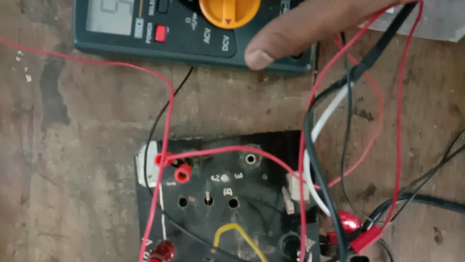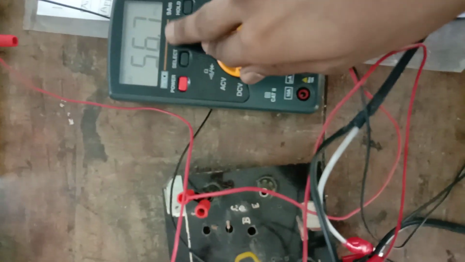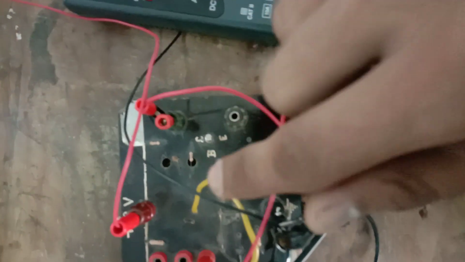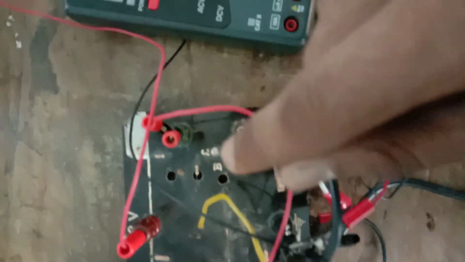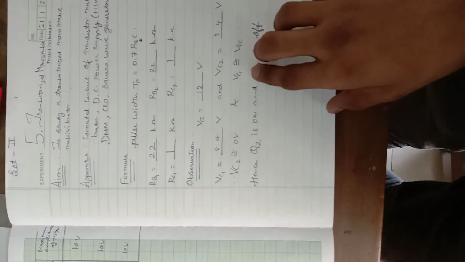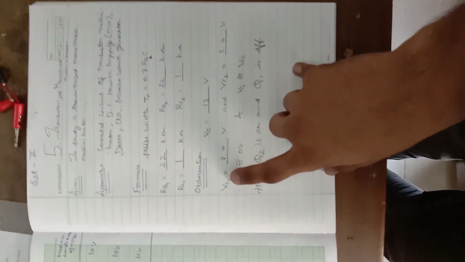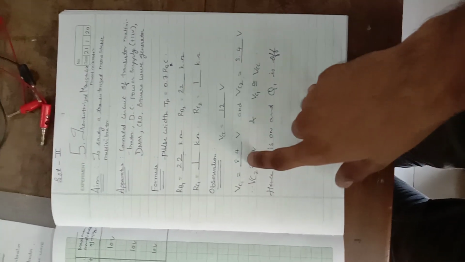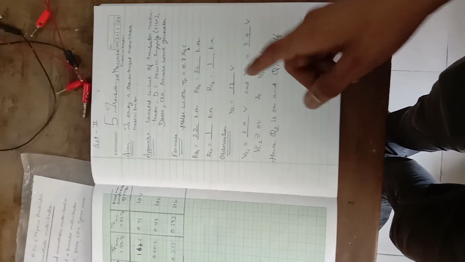Due to the flickering of the DMM, an internal technical fault, we are getting such a reading, but it is quite near 0, and since this transistor's value is 0, that means it is on and working. Similarly, we have to take the readings for VC2 and VC1. In actual practice, we get VC1 and VC2 as 8.4 and 3.4 respectively.